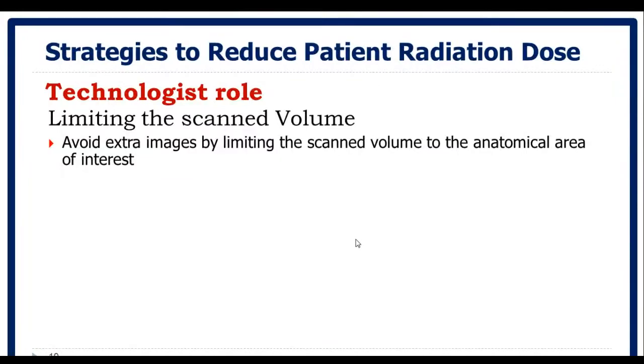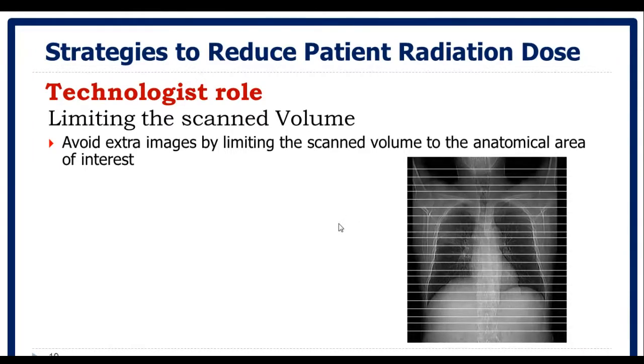scans. Also, the technologist is responsible for limiting the scan volume and avoiding any extra images not related to the required anatomical area of interest. For example, here, if we are imaging the chest, even in the scout, you have to notice that even the patient's arms are included in this scout.